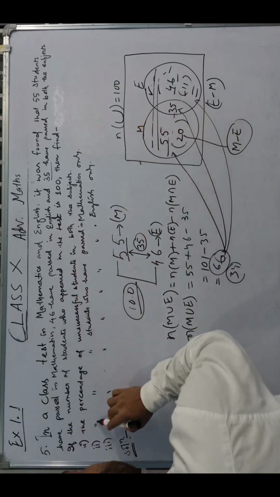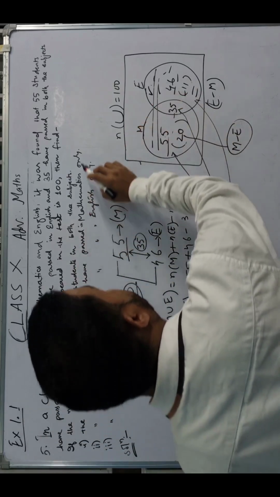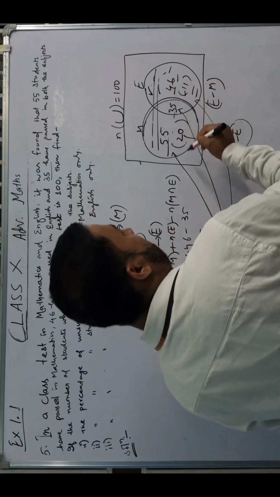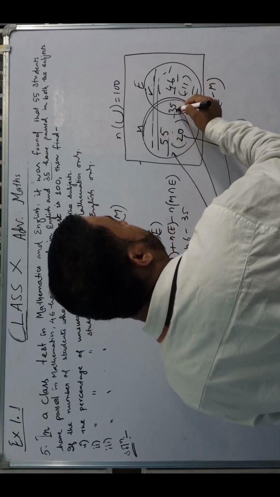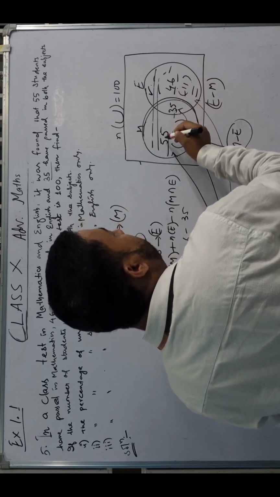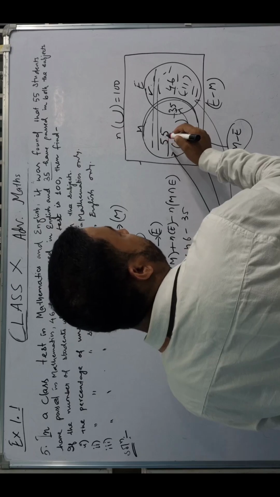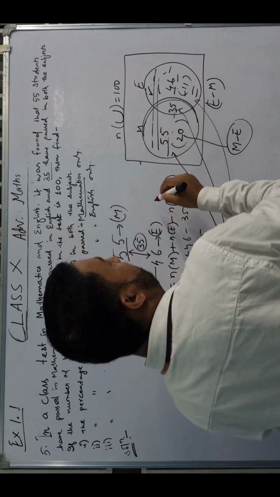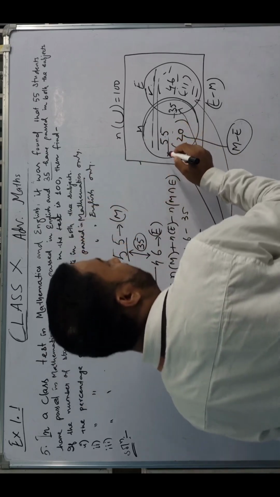Now here you see the percentage of students who have passed in mathematics only. It is very clear. In mathematics, 55 students passed. Out of these 55 students, 35 also passed English. Now these 35 students cannot be considered, because we are considering only maths, the students who passed only in maths.